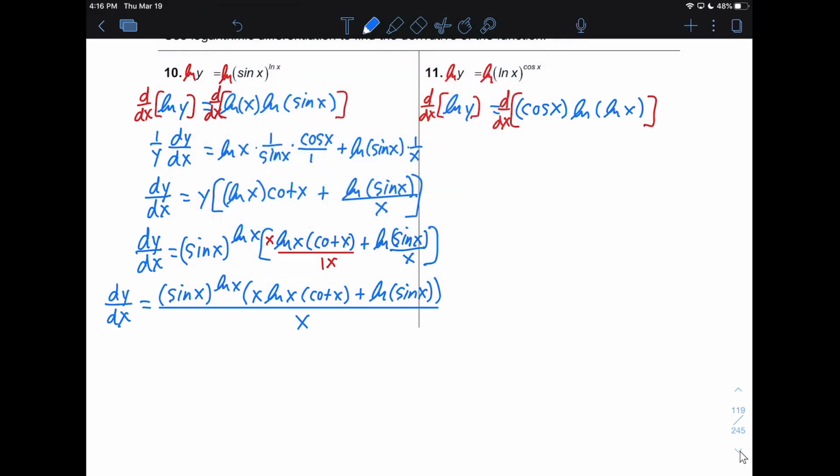So the left side is going to be 1 over y dy dx. And the right side is a product, so again we have to use the product rule.